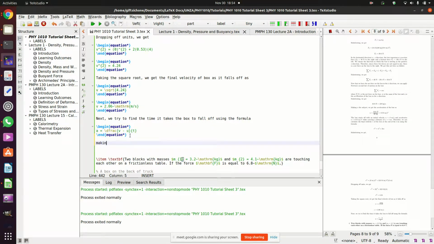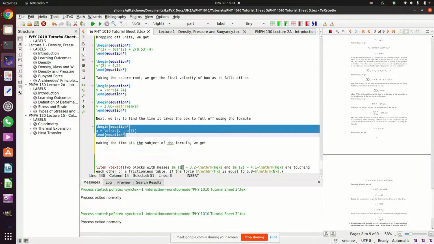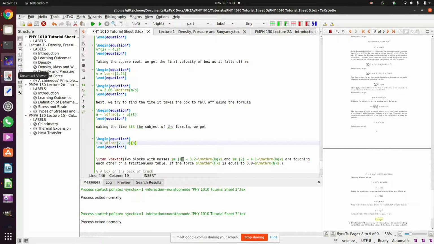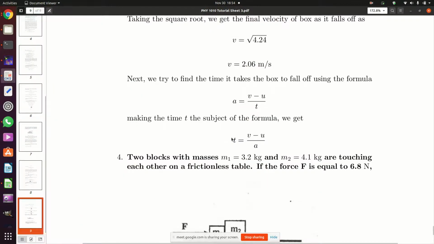Yeah, so we make the time the subject of the formula. So making time t the subject of the formula we get t is equals to v minus u divided by a.